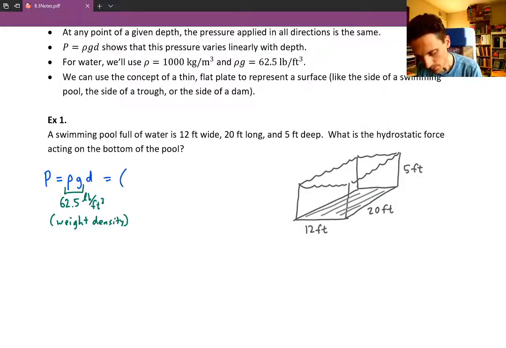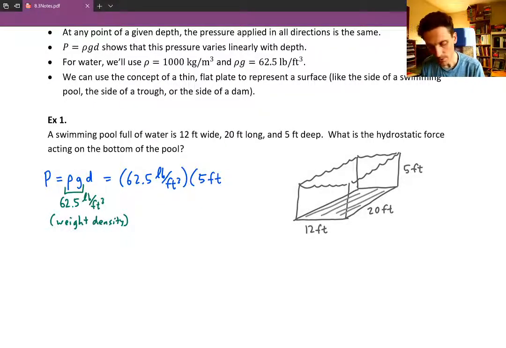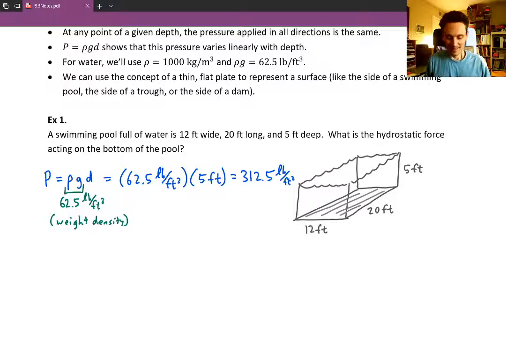The depth is 5 feet all across the bottom. If we multiply those together, we get 312.5 pounds per square foot. Oops, I almost boxed that. That's not our answer. A unit of feet cancels, and we just have square feet left on the bottom: pounds per square foot.